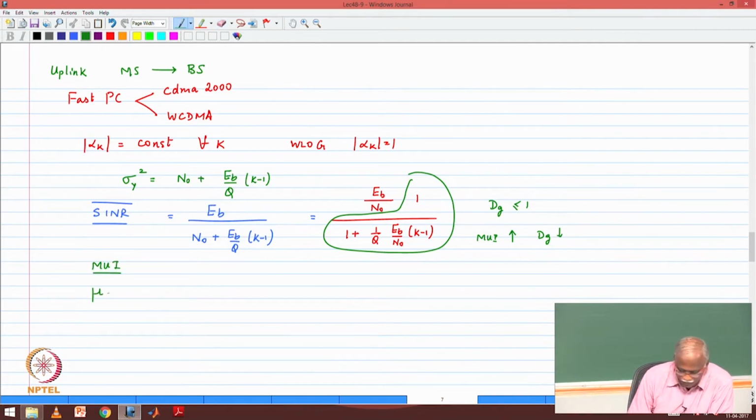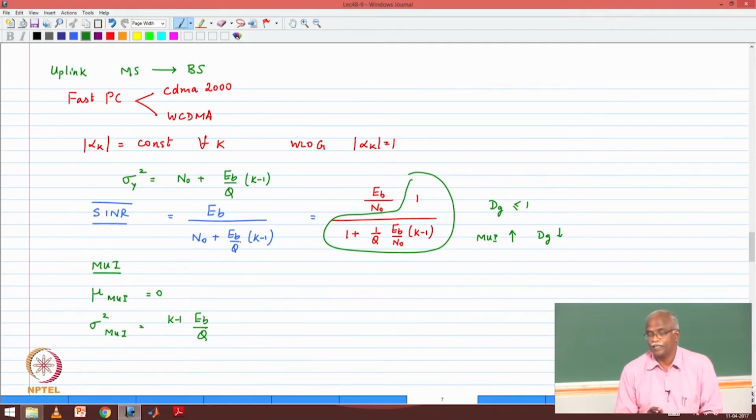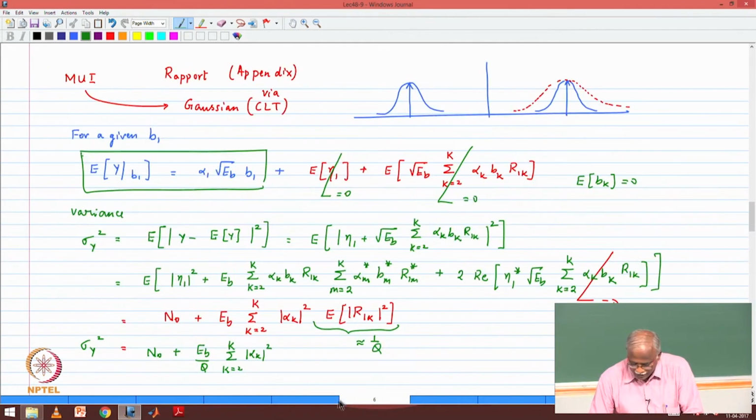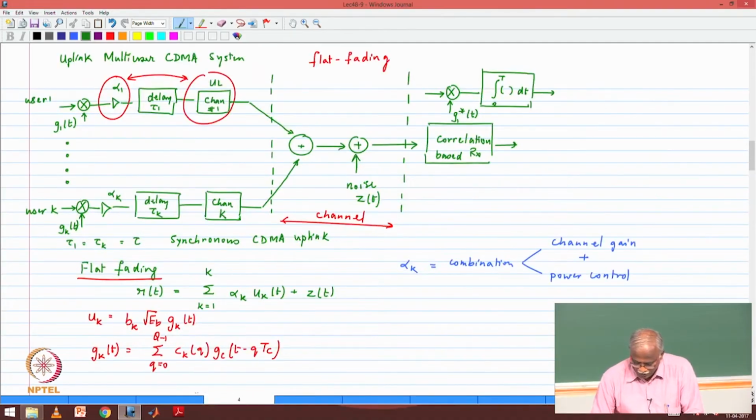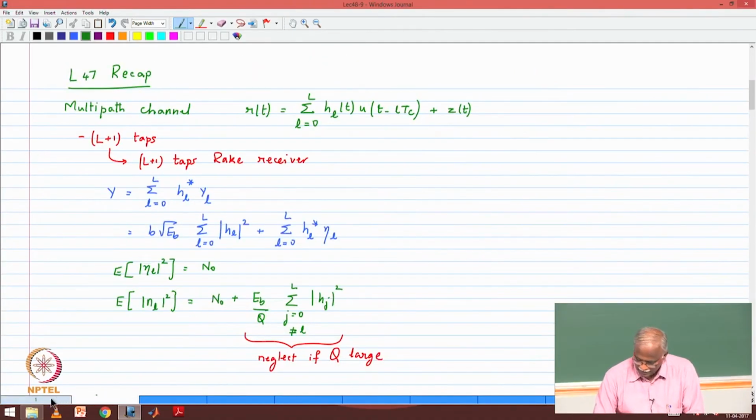The mean value is 0, basically that's what we have shown, and the variance sigma squared of MUI is given by this quantity, which is K minus 1 times EB divided by Q. The other one is the AWGN component; this is the multi-user variance component. So this is what we would like to think of as our equivalent model. If you go back to our model, where did we draw that?